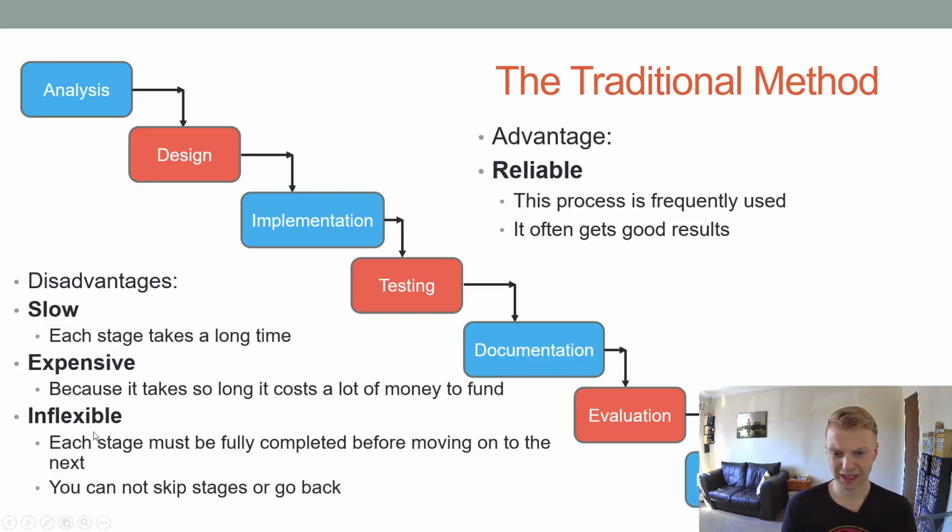It's also inflexible. So we talked about before how if you mess up a stage, you have to go back to the start. That takes a long time, which, as we've just said, is slow and expensive. So those are the advantages and the disadvantages.